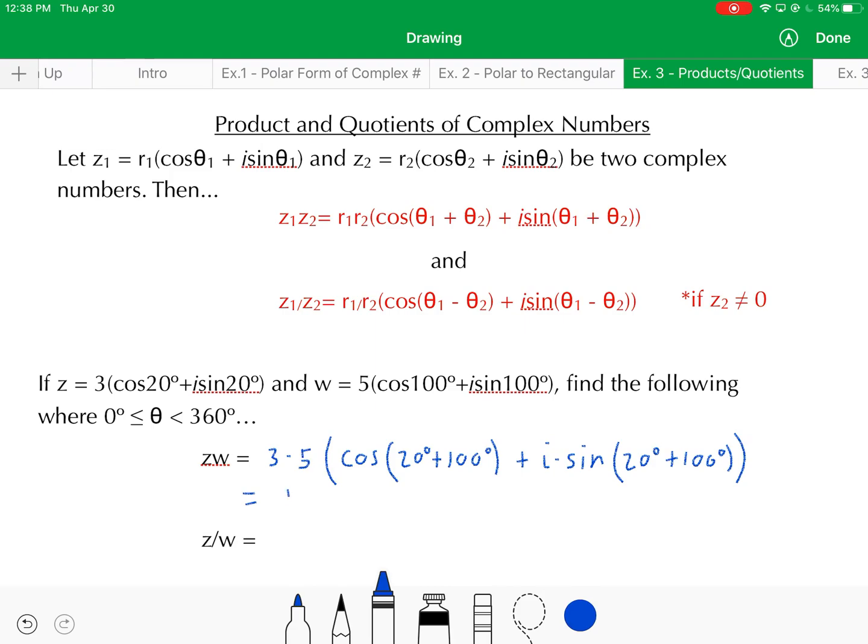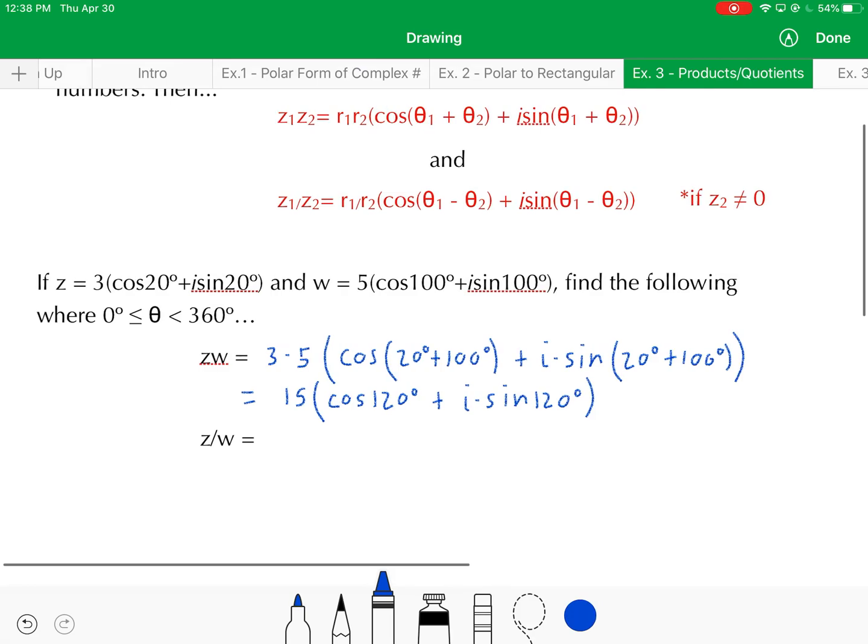And then I just simplify. That's going to give me 15 multiplied by the quantity of cosine 120 degrees plus i times sine of 120 degrees. Okay, so that would be the polar form for the product.